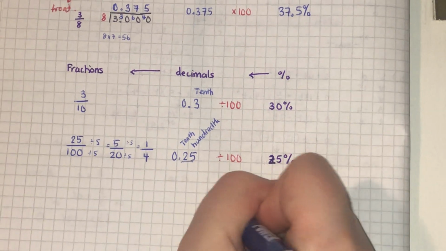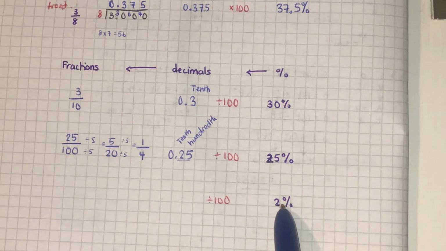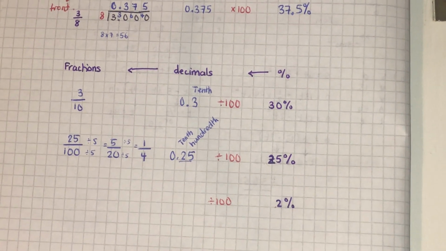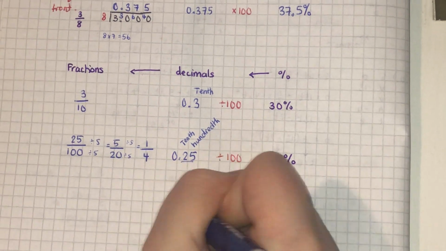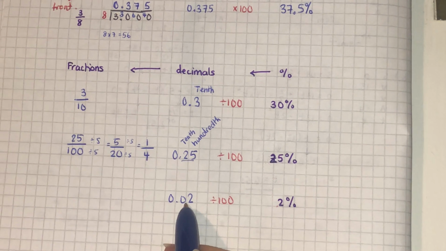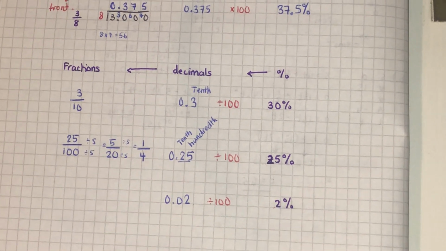And the next one, divide by 100. So 2 divided by 10 would be 0.2, divided by 10 again would be 0.02. You can always check afterwards, so you move the numbers 2 places, so 1, 2.